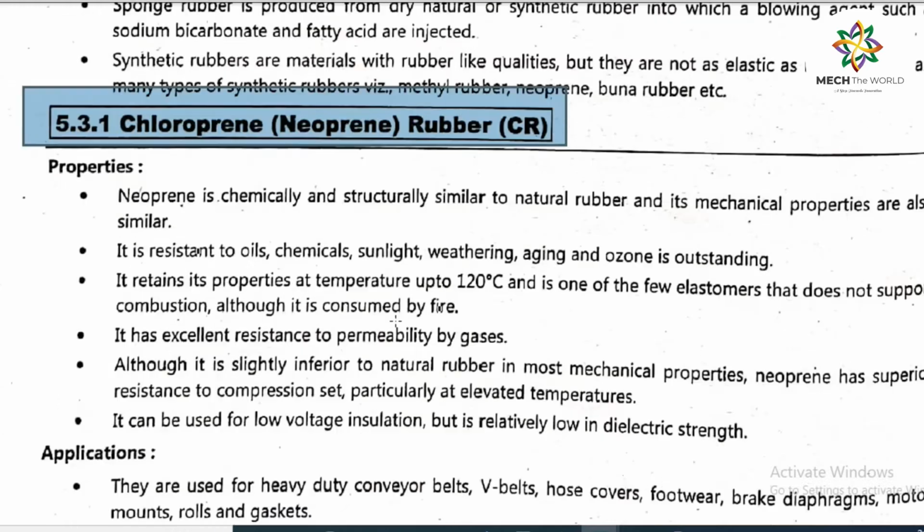It retains its properties at temperatures up to 120 degrees centigrade and is one of the few elastomers that does not support combustion, although it is consumed by fire. So this type of rubber, neoprene, will not ignite or catch fire even though it reaches a temperature of up to 120 degrees centigrade.